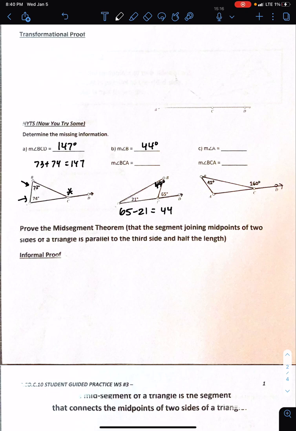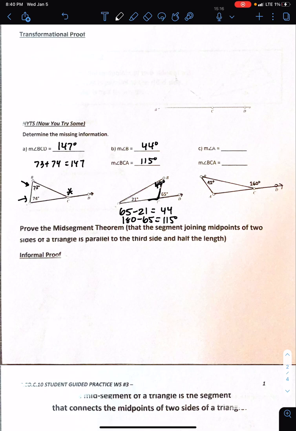And measure of angle BCA, which is this angle right here, well, it's a linear pair. It forms a straight angle, or it's the third angle of a triangle. So either way, we can do 180 minus 65 for 115 degrees.